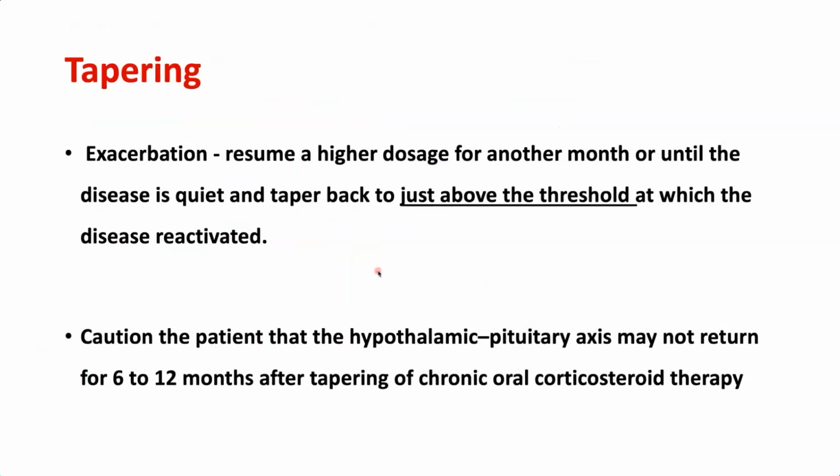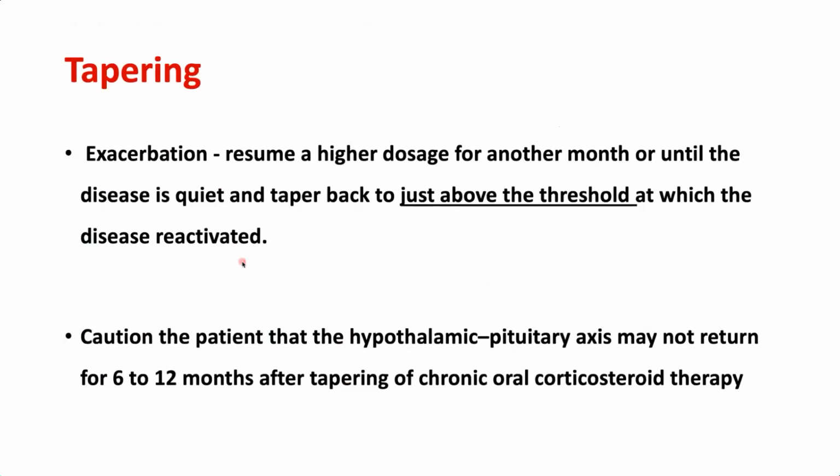The other important thing is that you might get a relapse once you taper. Then what needs to be done? You go to a higher dose for another 1 month, until the disease is quiet, then start to taper off and keep it just above the level at which the disease reactivated, and keep it there for a while.